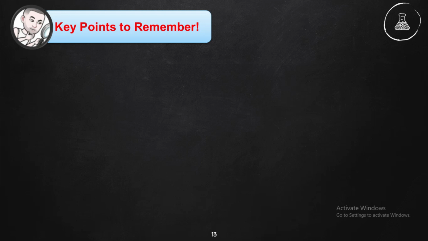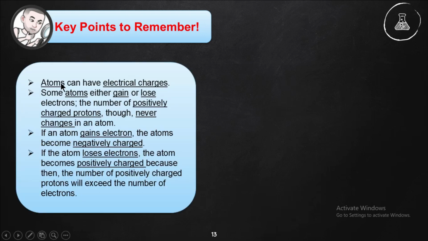There are some points I want you to remember before we proceed dun sa pag-identify ng number ng protons, electrons, and neutrons in positive ions or negative ions. So, una is atoms can have electrical charges. Pwedeng positive charge, negative charge, or neutral or no charge. Then, some atoms pwede siya mag-gain or madagdagan or lose or mawalan siya ng electrons.